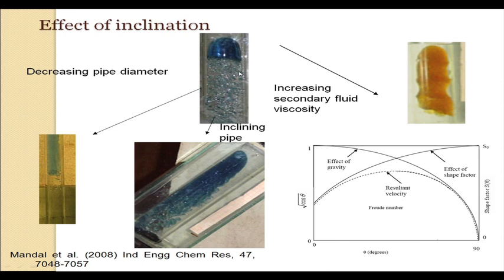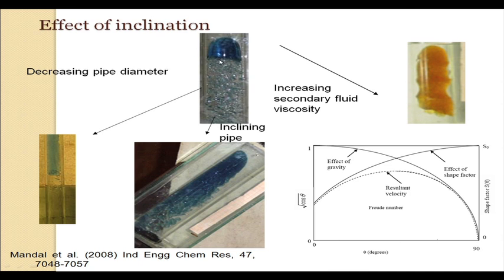But in this particular case, what we find is that beyond the bubble, there is an intense wake region which is formed because the downward falling water comes and meets the stationary water here, and as a result of the larger interfacial shear, a large number of satellite bubbles are shed by the liquid Taylor bubble.